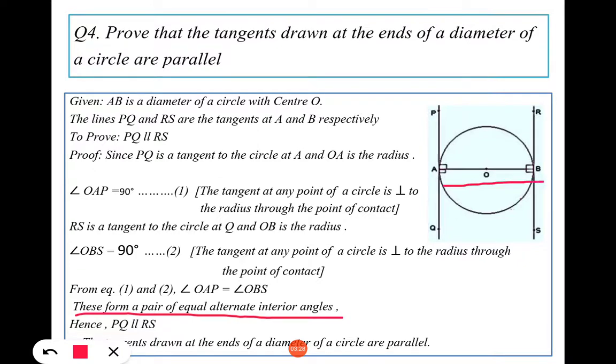Since AB is transversal, angle OAP and angle OBS are alternate interior angles and both are equal. Hence, the lines PQ and RS are parallel. So, students, therefore, the tangents drawn at the ends of a diameter of a circle are parallel. So, we have proved question number 4.